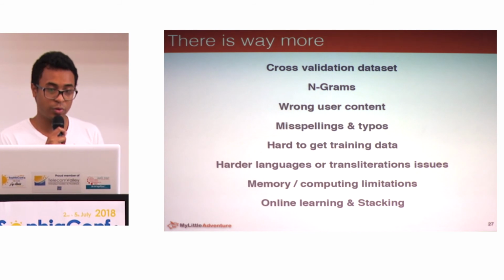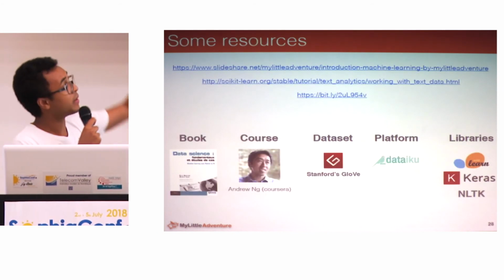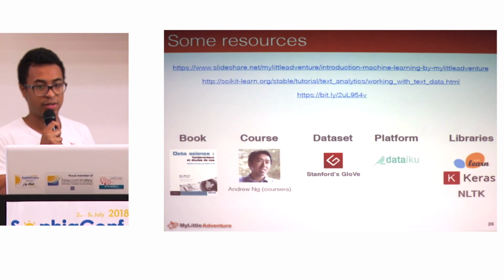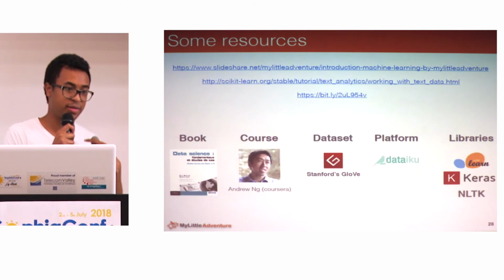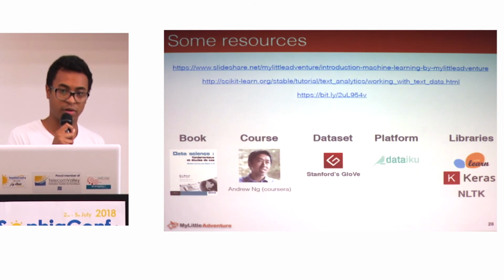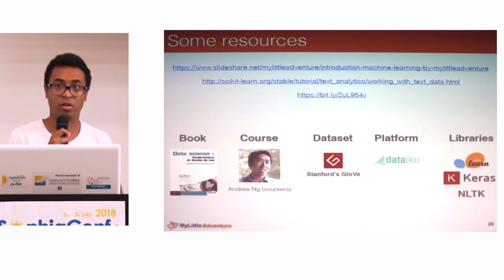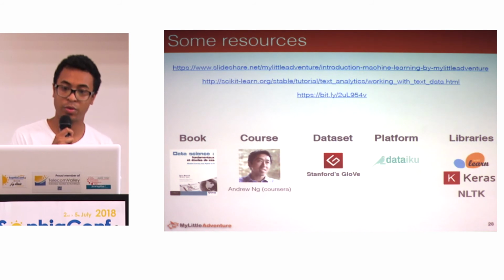So I'll give you a few resources to try it on your own. The first thing here is our past talk on introduction to machine learning. The second is a tutorial of scikit-learn, which can make you exercise about how to work with text data.